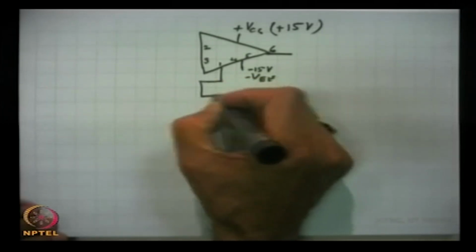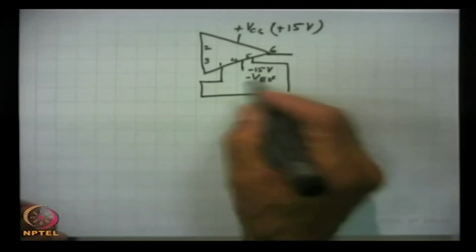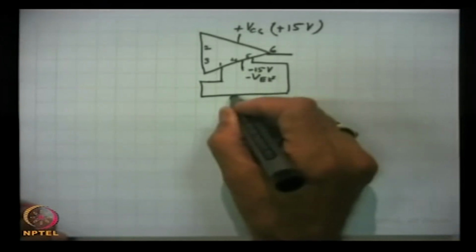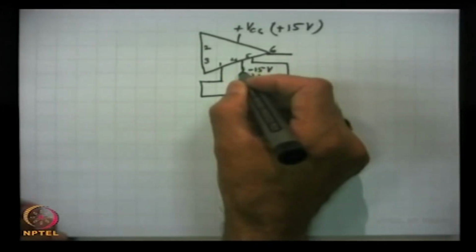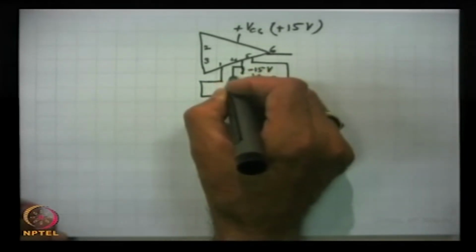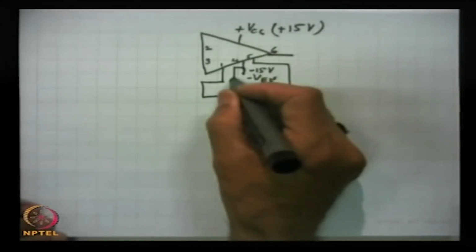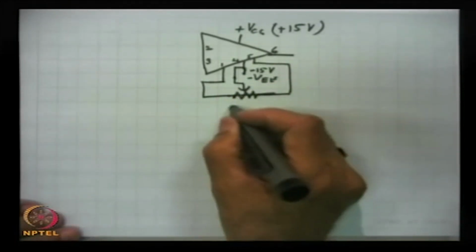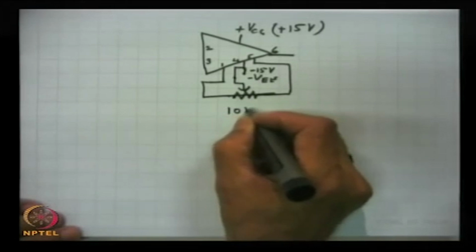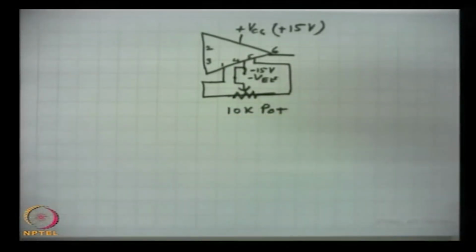This is a potentiometer, and this is the battery, and this is the wiper. This is say a 10K pot. Pot stands for potentiometer.